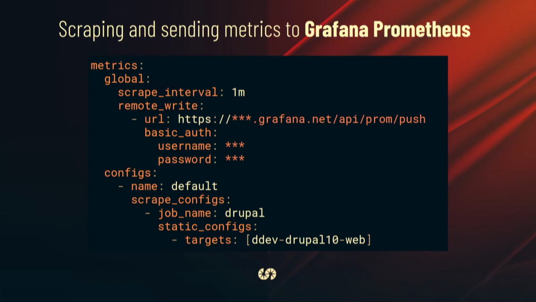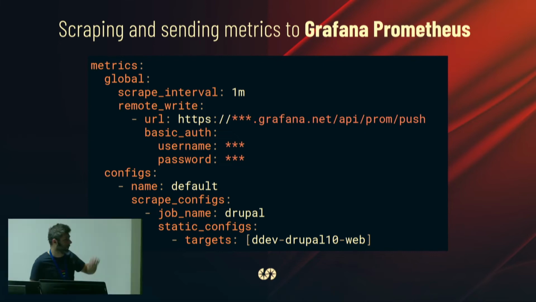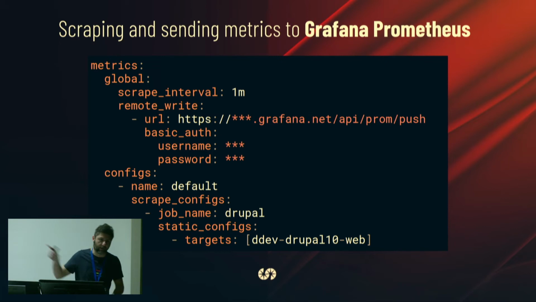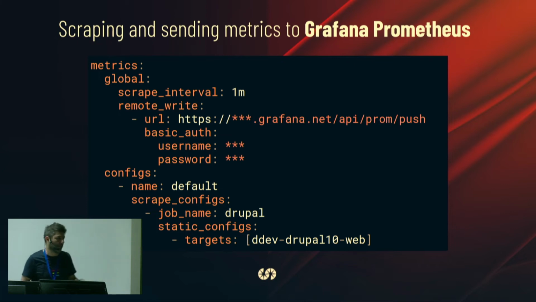Okay, the same as for logs, we can configure the Grafana agent to call the metrics endpoint, scrape data and send the data to Grafana Cloud. And in this case, we need to insert the targets, so the host name of the web server where Drupal is running. In this case, this is an example using ddev locally.